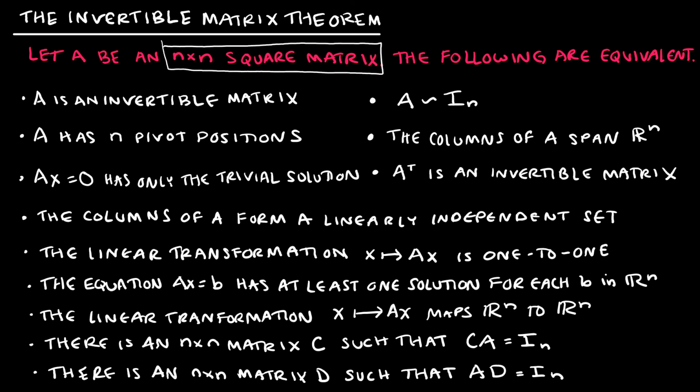The linear transformation that maps x to Ax maps Rn to Rn. There is an n by n matrix C such that CA equals the identity, and there is an n by n matrix D such that A times D is equal to the identity. All of these things mean the same thing.